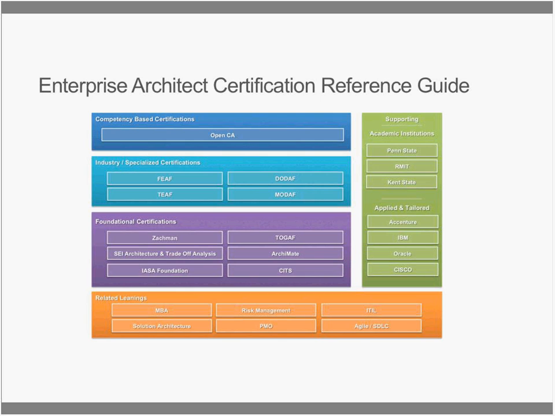COBIT, Val-IT, Distilled, these are all what I fit into the related learnings category here at the bottom, which I don't include in the core model. But it's great supplemental knowledge for us to understand, because as enterprise architects, we have to understand the full life cycle of things.